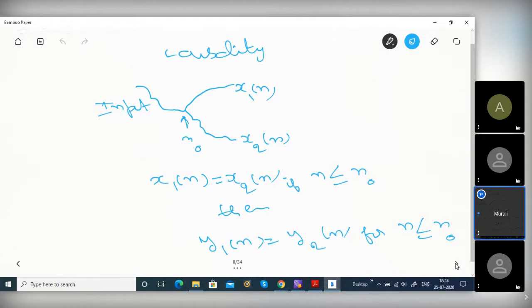It will not depend on the future. Here, up to n naught both are the same, so for any time till n naught, the output for x1 of n will equal that for x2 of n. The system does not know that after n naught they are going to differ.